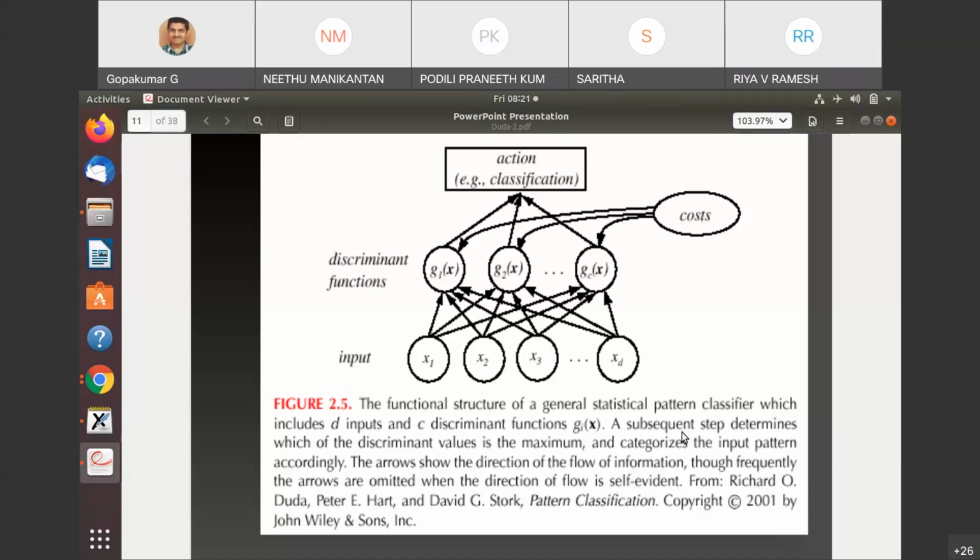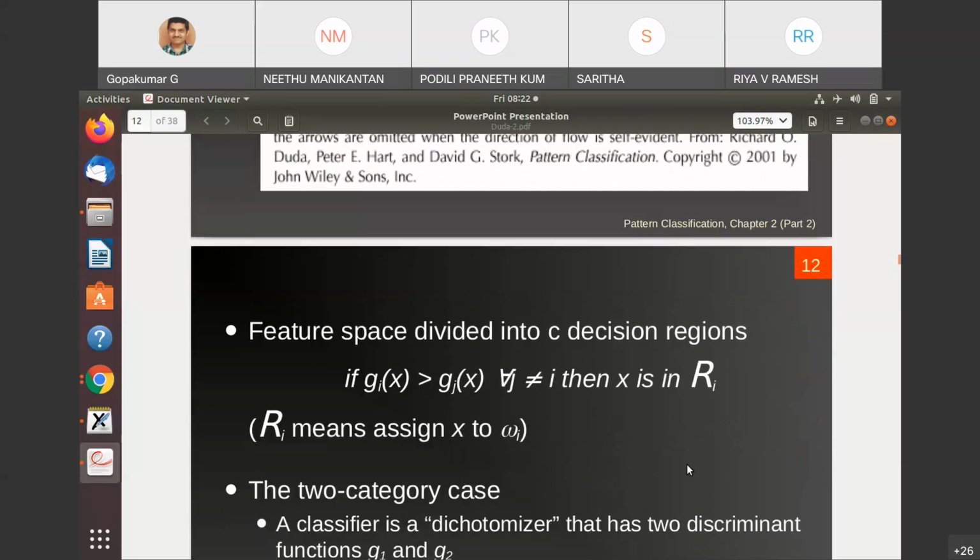So that is how a general statistical pattern classifier looks. We will see a similar arrangement, or a similar way in which the decision is made, in different situations at a later point. So this is in general how we can draw and represent it.